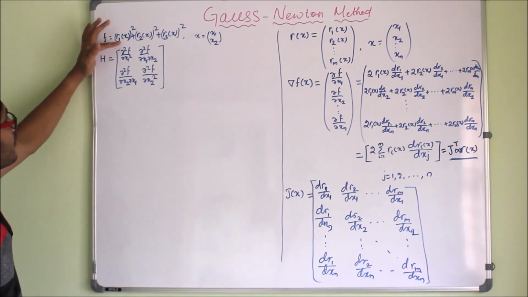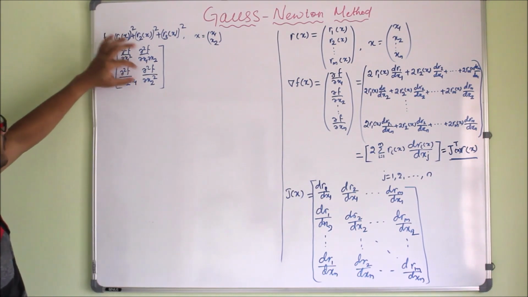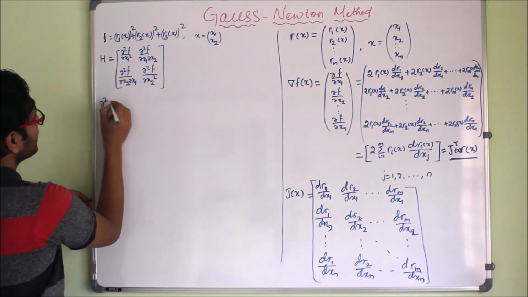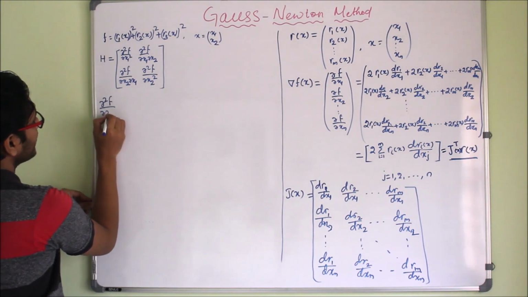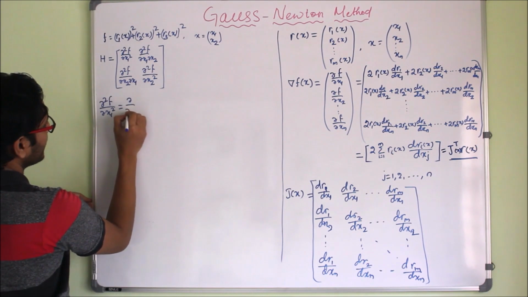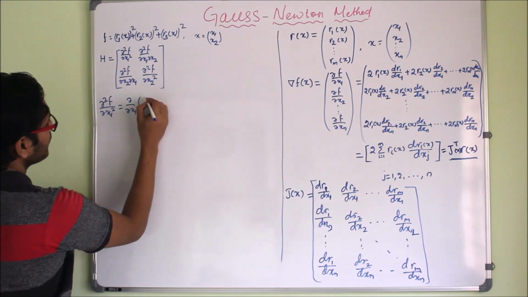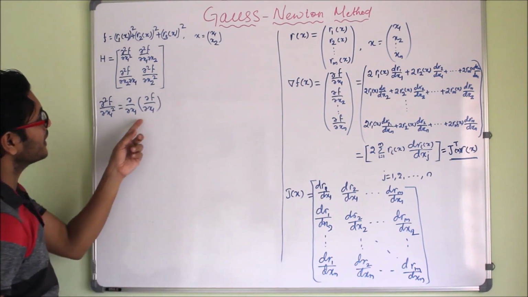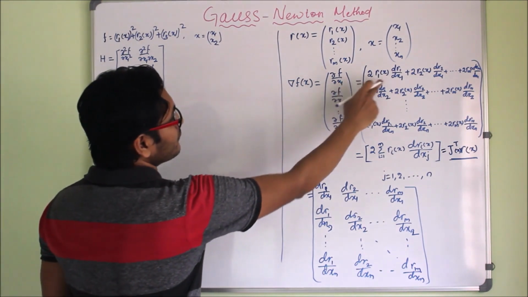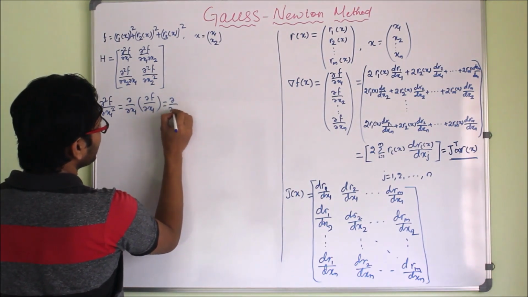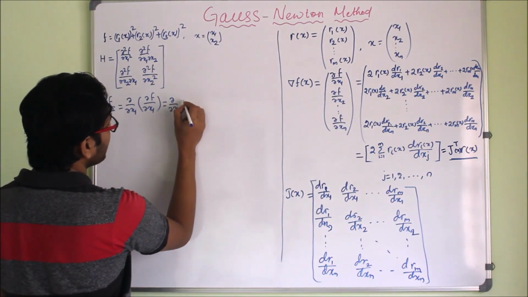Now if we know how to calculate these values, then we are done. Now we'll find del2 f/del x1 squared. So this one will be del/del x1 of del f/del x1. So del f/del x1, we know this one.